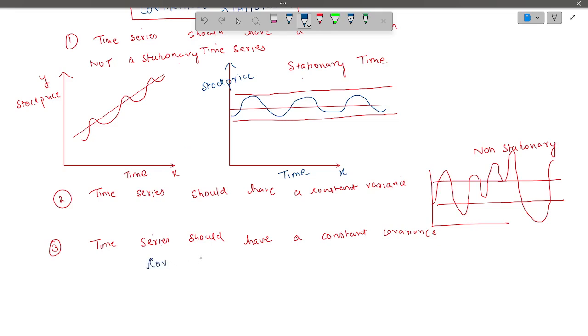Covariance between two points with the same lag should be equal no matter when you measure it.